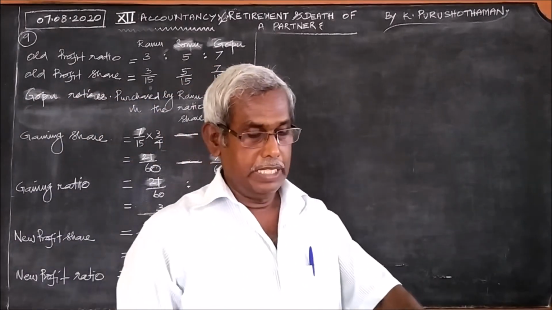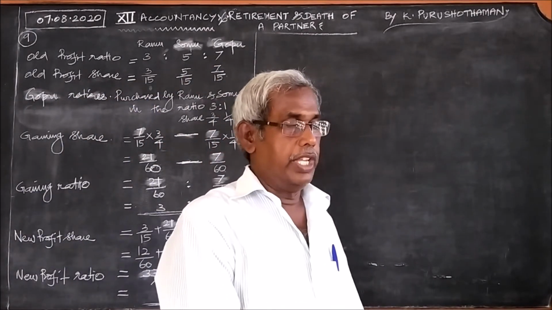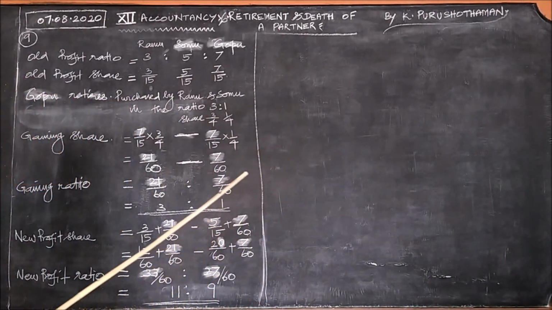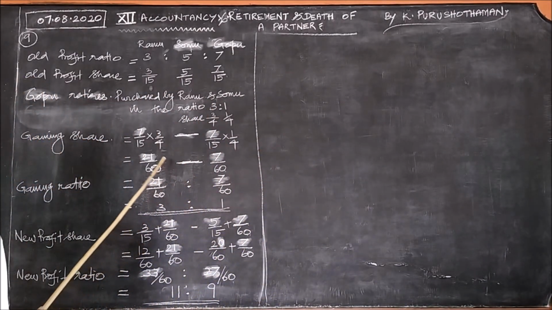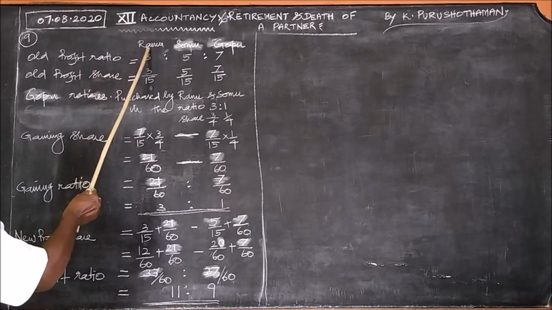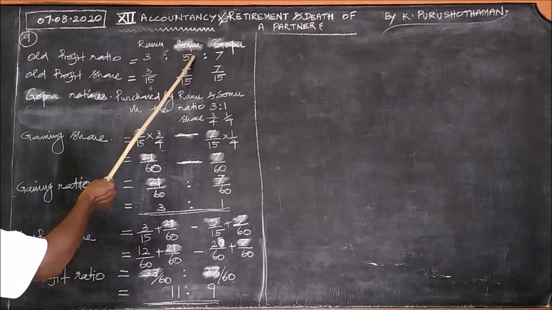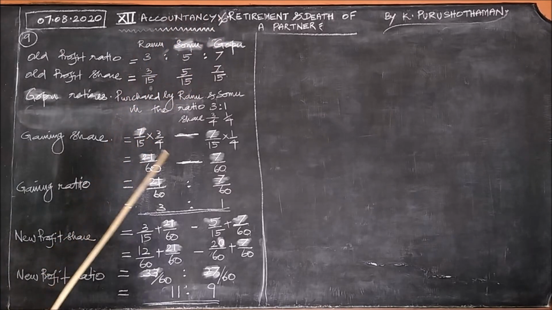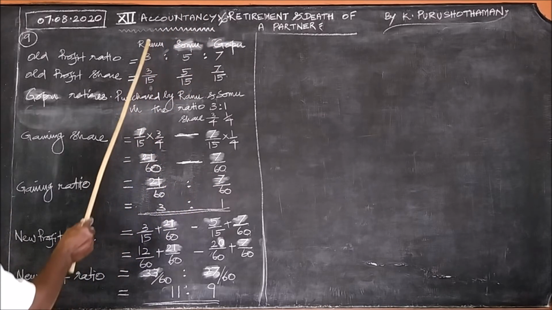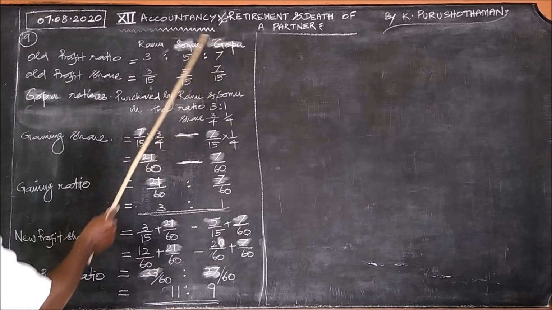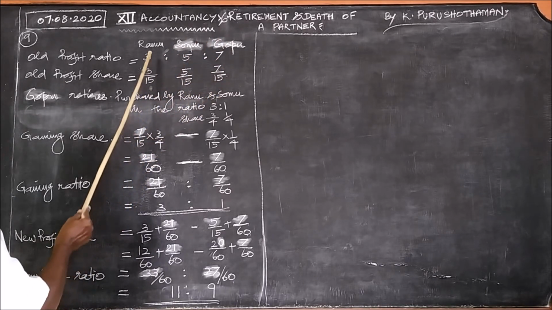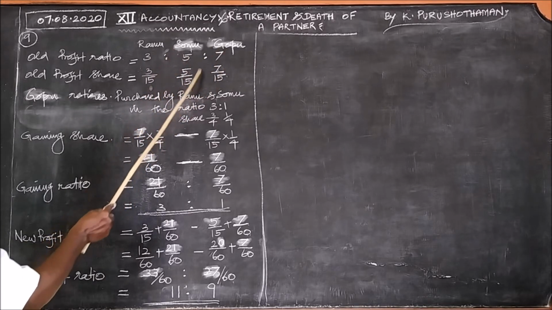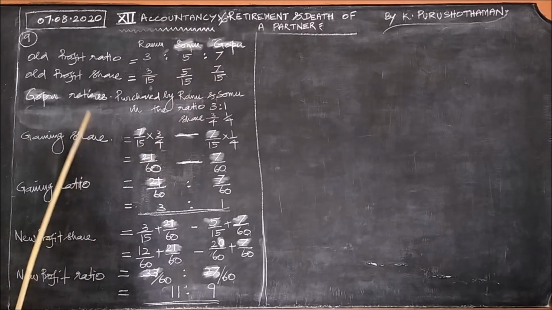Once again I repeat the same. I just changed the name, the side changed. Therefore there is a little bit of confusion here. Somu's name should have been mentioned second. I changed these two names. Ramu, Somu, Gobu, 3:5:7. Here this is 3/15, 5/15, 7/15.